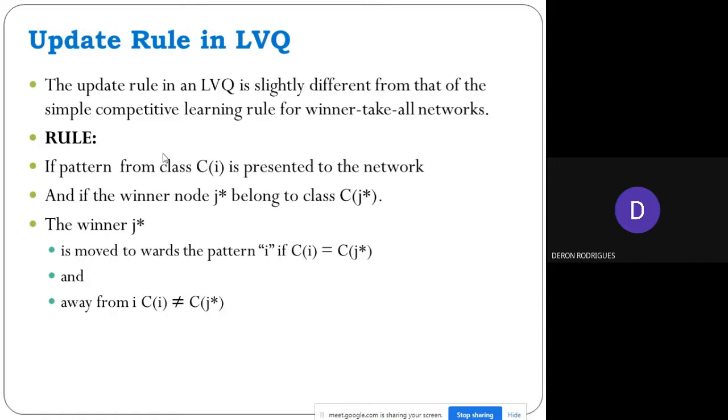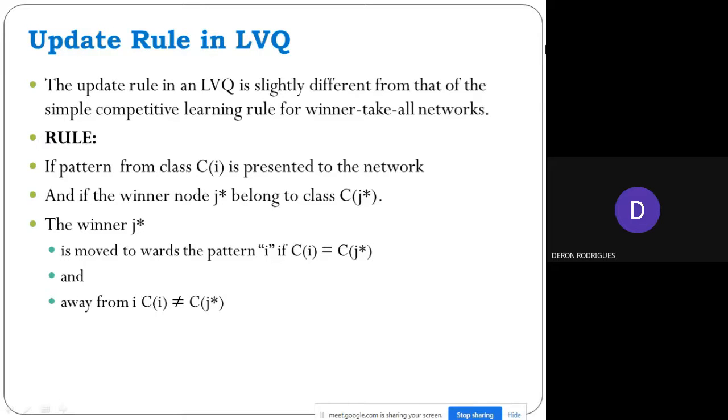And if I present a pattern from class 2 and the winner node is also from class 2, that is Ci equals Cj star, then I have to move the weights towards the pattern. So the weights will be updated in the positive direction. This is the learning rule here.